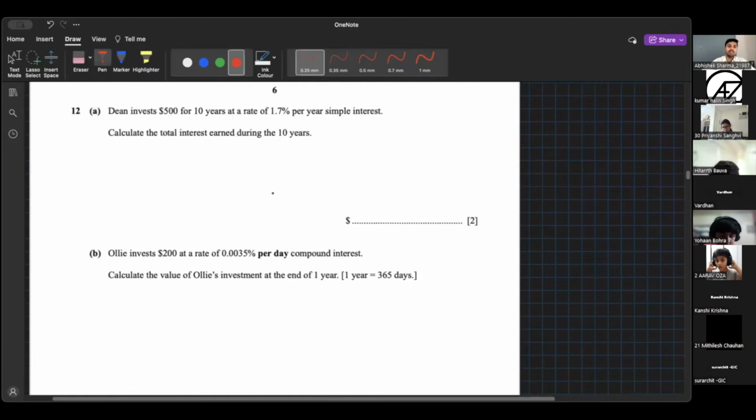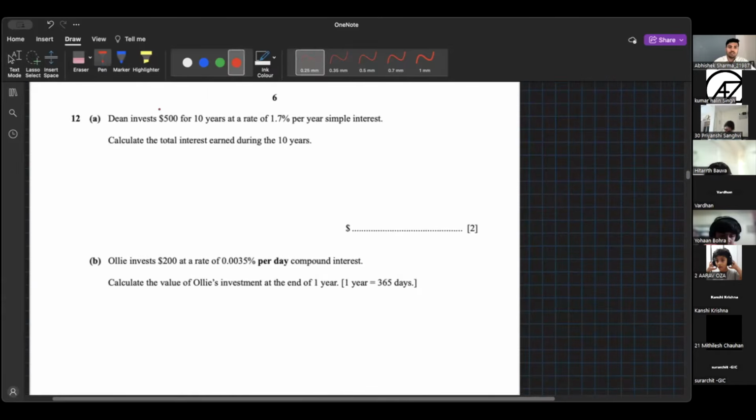Question 12. It says a teen invests $500 for 10 years. So $500 is the principal amount, 10 years is the time. Rate of interest is 1.7 per cent simple interest. Calculate the total interest earned during the 10 years. So for the simple interest formula we will apply SI equals P into R into T upon 100.